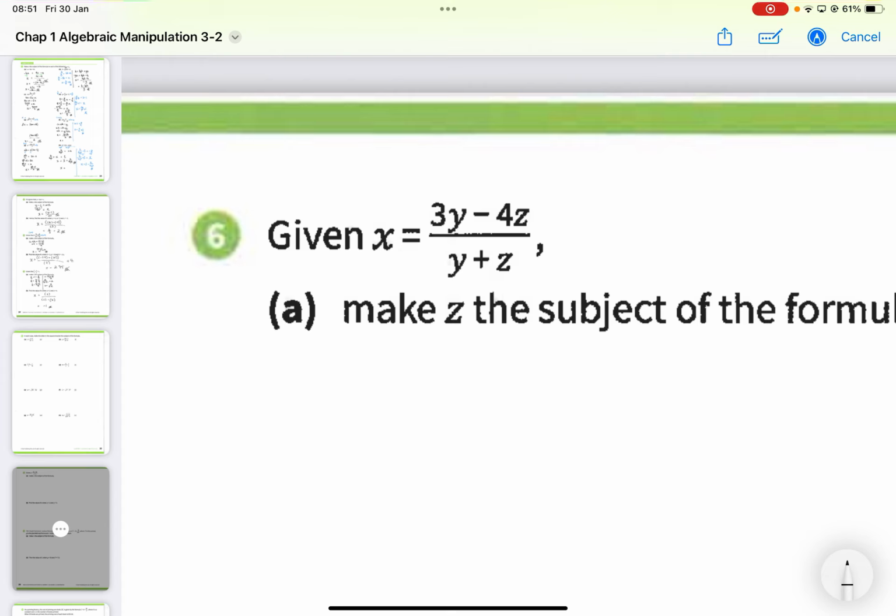Same. Okay. Hey, we want to look at question 6, because question 6 is a bit different from what they give you so far. So you want to make Z the subject. But when you look at Z, your Z is here in the numerator, your Z is also here in the denominator.